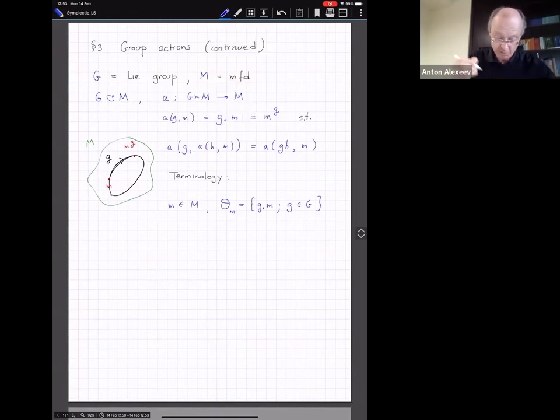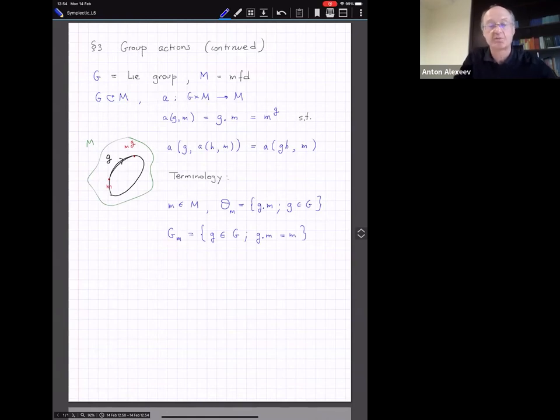To the point M, we can also assign a subgroup within the group G. These are all elements of G which have the following property: when G acts on M, you just get the same point.